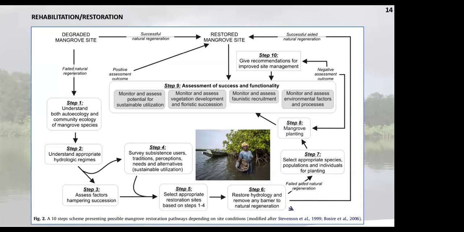Next, together with this, it is necessary to consider, and this is very important, the subsistence and traditional mangrove users, to learn the traditions and perceptions of the native populations. Because most of the population that live close to the mangroves use the resources of the mangrove for their own livelihood, in the form of fishes, crustaceans, wood, and a lot of goods and services that mangroves furnish.